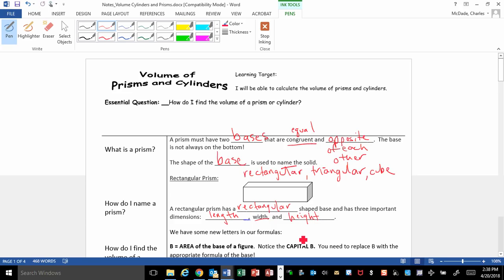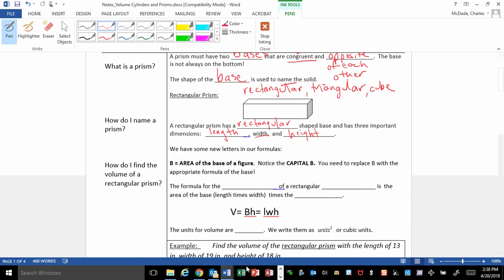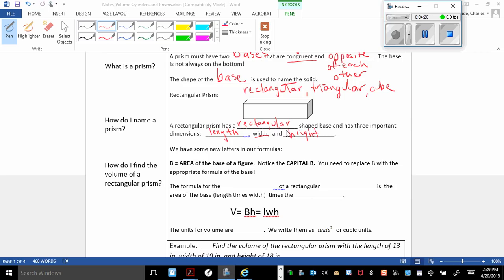The rectangular prism is the easiest one to figure out. So you're going to need the length, the width, and the height to figure those out.